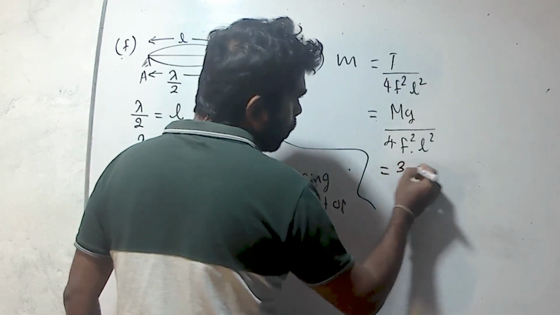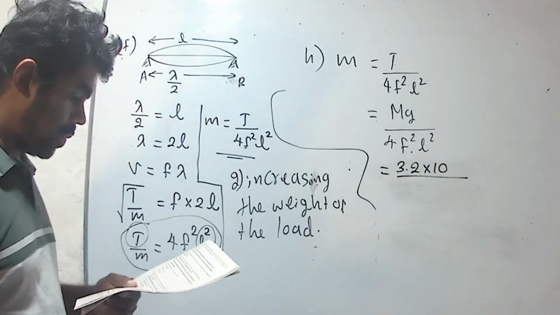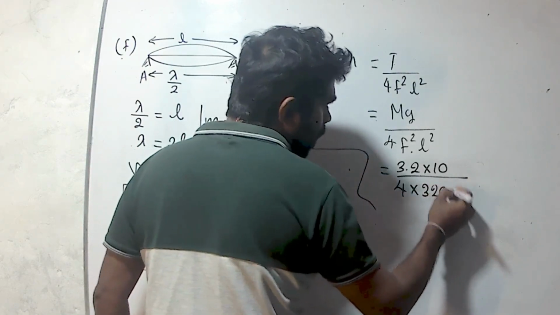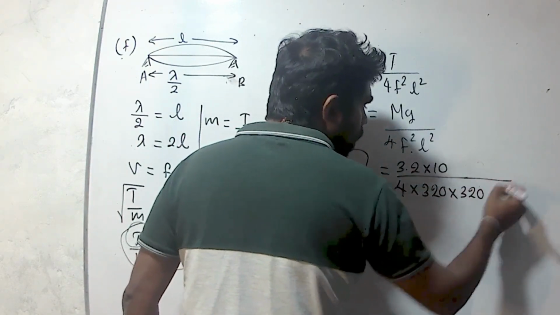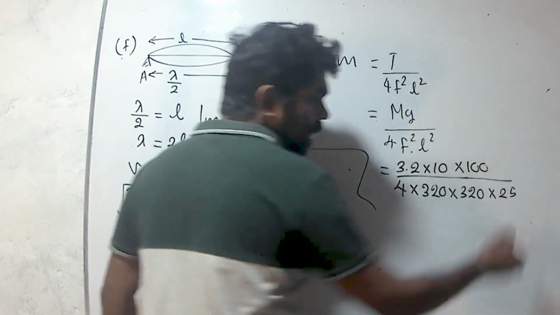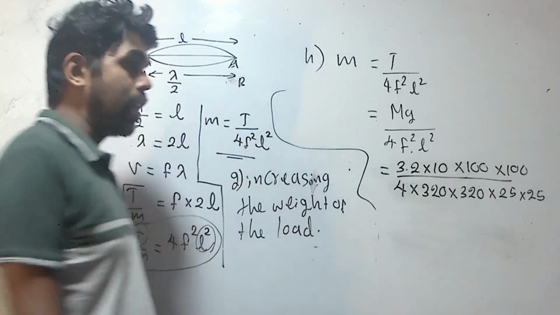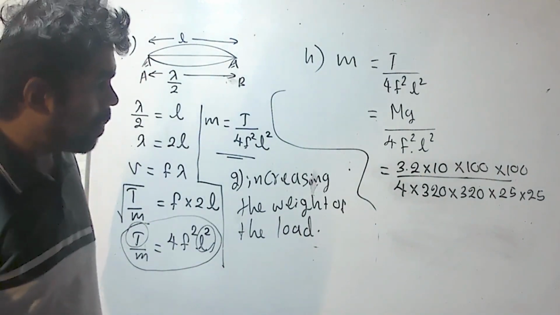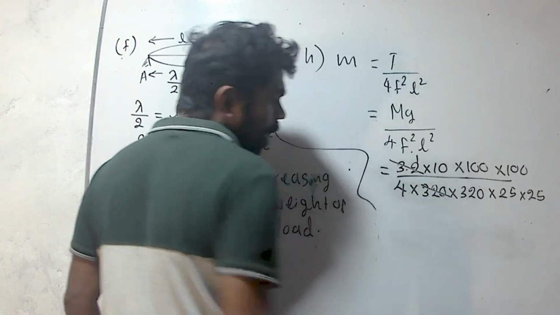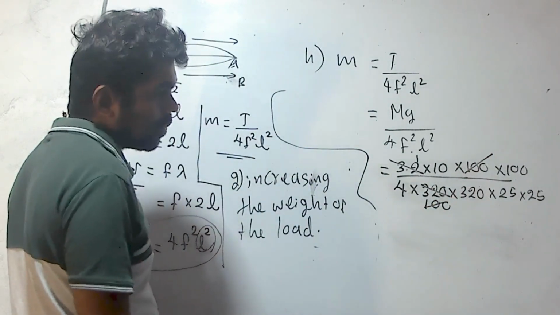Mass 3.2 into g, 10, divided by 4 times the square of the frequency, 320 into 320. Length of wire 25 centimeters. We have to divide it by 100. Again we have to put 25 over 100. There are square terms. Now we can simplify it. We can cancel out 100 and 100.